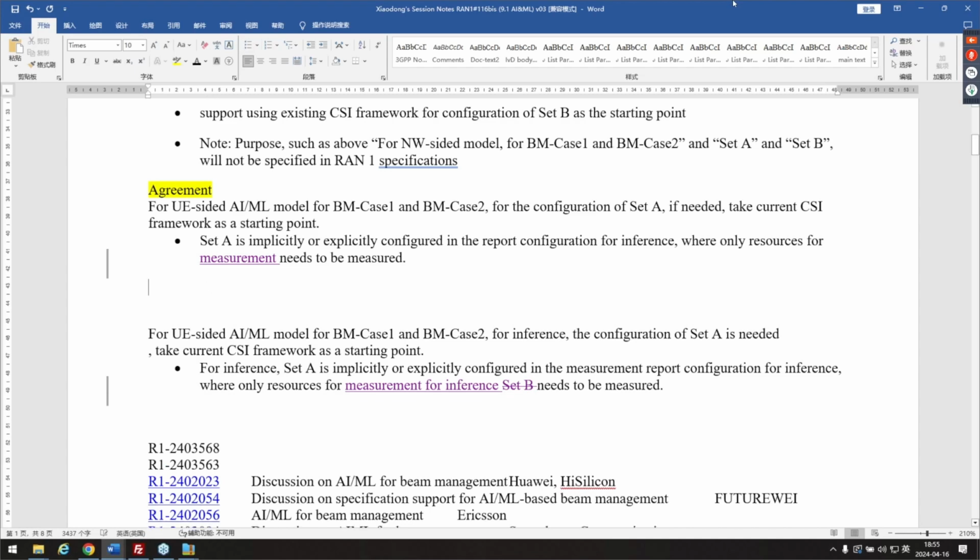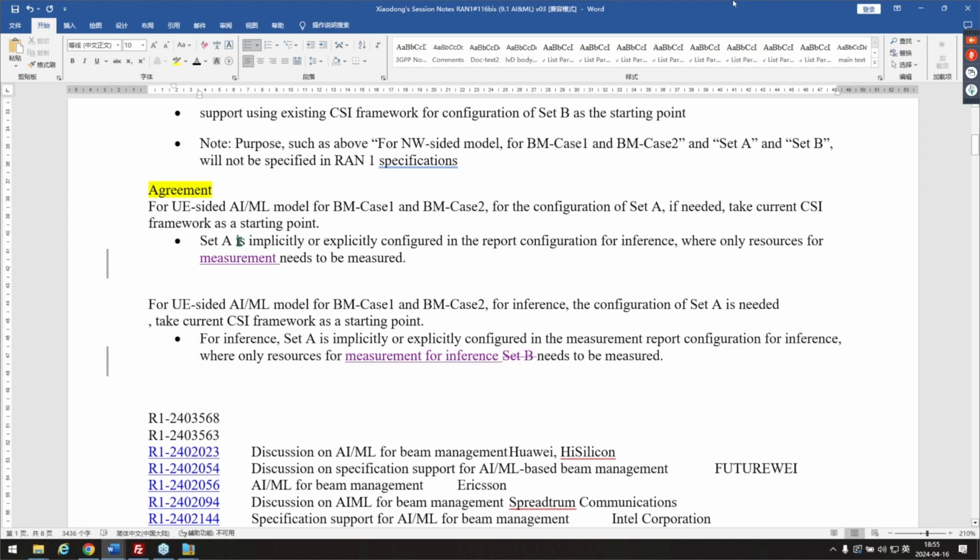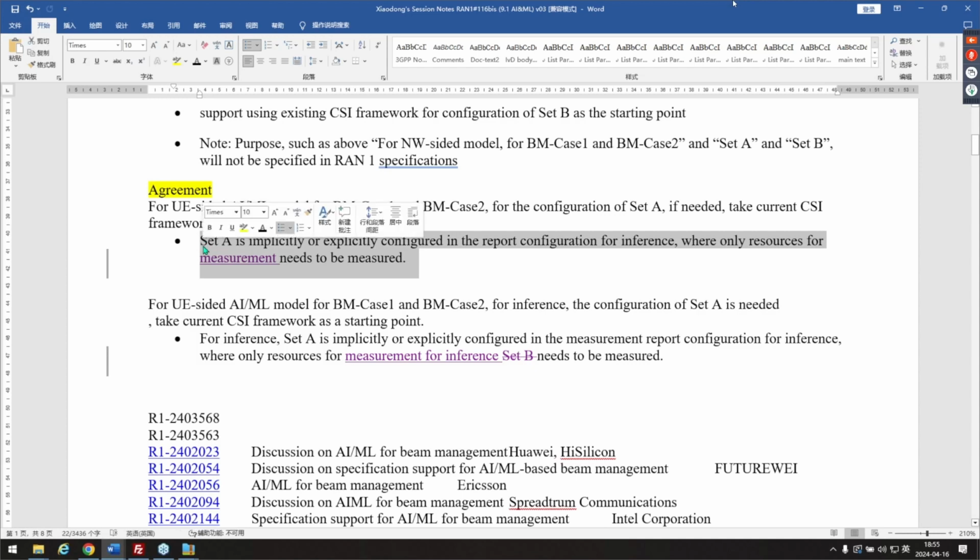Yes, I think so. So FFS means implicit or explicit. For the entire bullet, sub-bullet, it could be FFS. Let me check. Yes, I think FFS is only for the implicit or explicit part. So you can put a bracket there and put FFS for those two options. We can keep the other text.